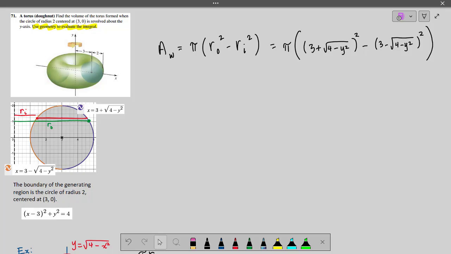Now we have to do the algebra. So we end up with pi times, that one is going to be 9 plus 6 times the square root, and that square root on the inside, we have 4 minus y squared. Plus, when we square the square root, we get what's inside the square root. So that's the first one squared. The second one squared, let's not distribute the minus sign yet.